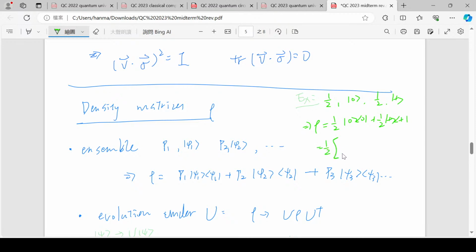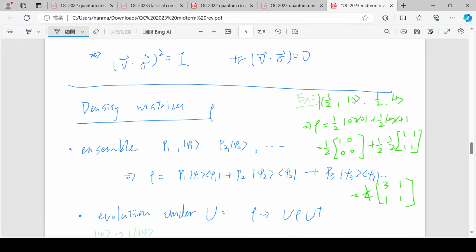Writing the plus projector in matrix form, it's 1 over 2 times the matrix 1, 1, 1, 1, since plus has amplitude 1 over square root 2. So this becomes 1 over 4 times the matrix 3, 1, 1, 1. Okay, so that's the density matrix corresponding to this ensemble.